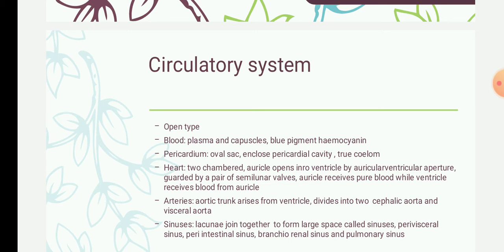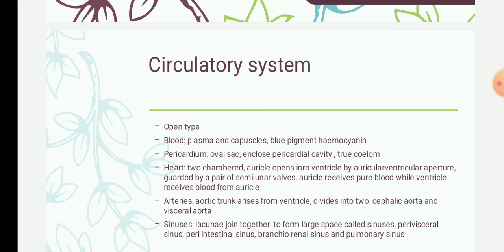It opens into the ventricle through the auriculoventricular aperture. A pair of semilunar valves is present which guards against the backflow of blood from the ventricle to the auricle.